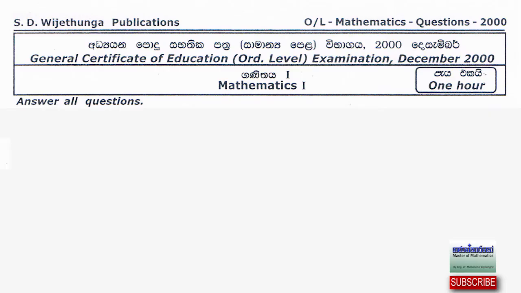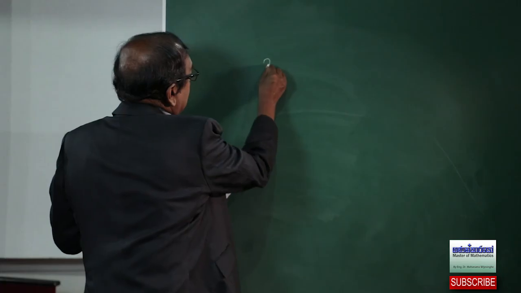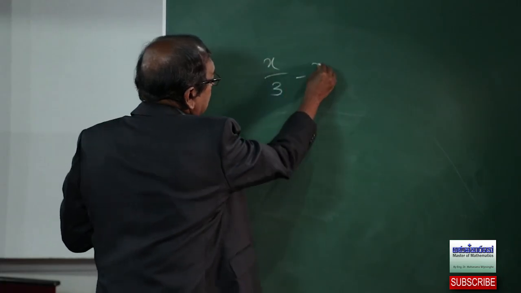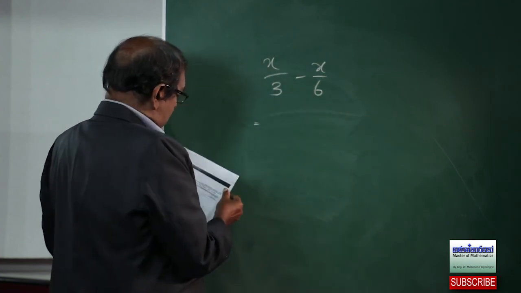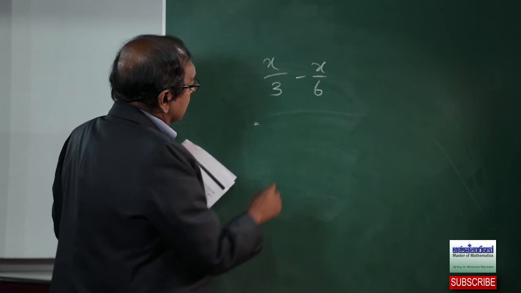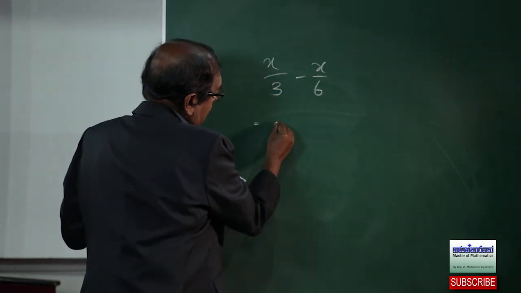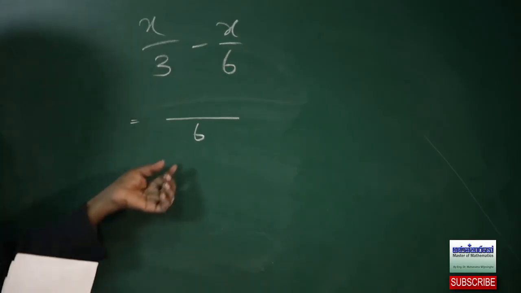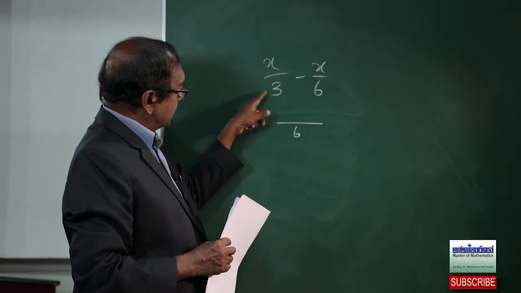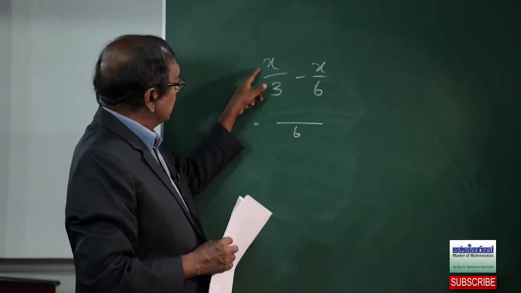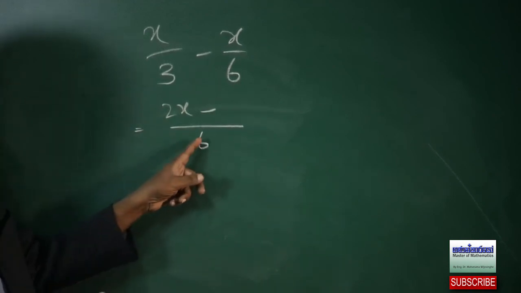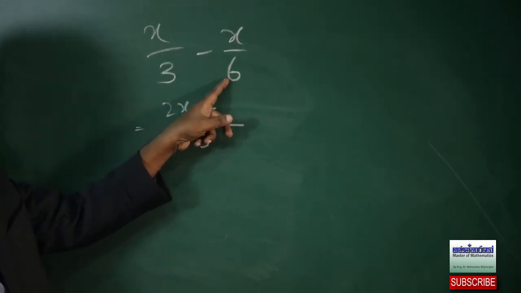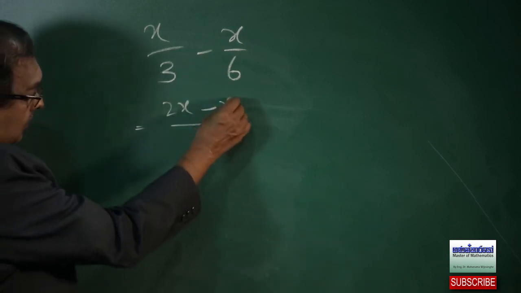Second question, simplify x divided by 3 minus x divided by 6. Here also we have to get the equal denominator, for 3 and 6. 6 is the common denominator. 6 divided by 3 is 2, 2 into x, 2x, minus 6 divided by 6 is 1, 1 into x, x.